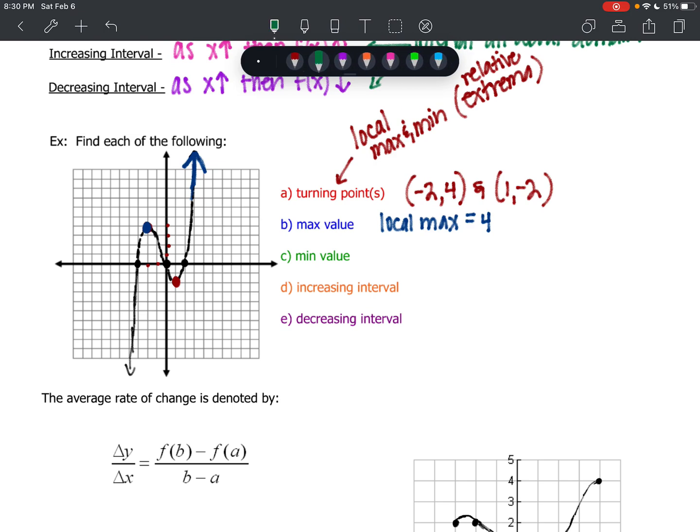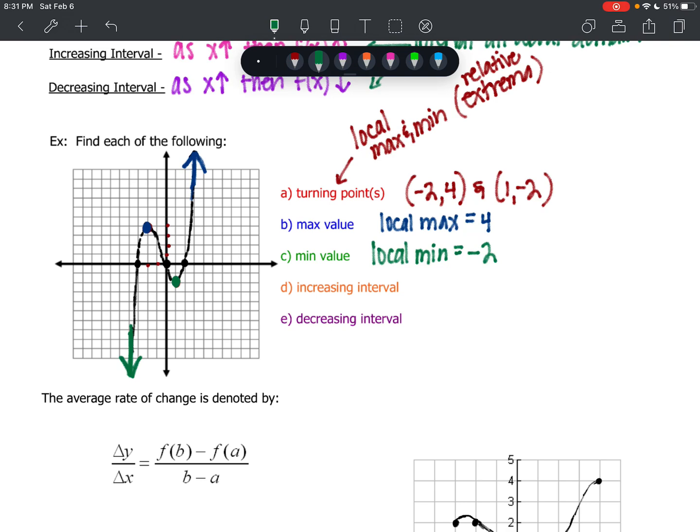And it doesn't have a minimum value because it's decreasing forever, but it does have a local minimum. A local minimum at, did I say x equals 4? I meant y equals 4. Hopefully I said y equals 4. It has a local minimum at y equals negative 2. So y equals negative 2 because maximums and minimums are y values.